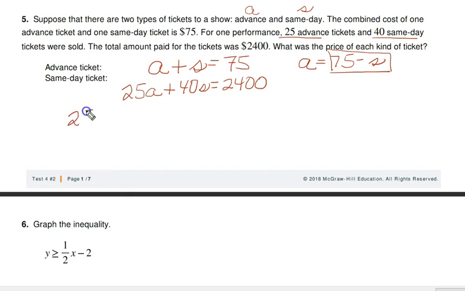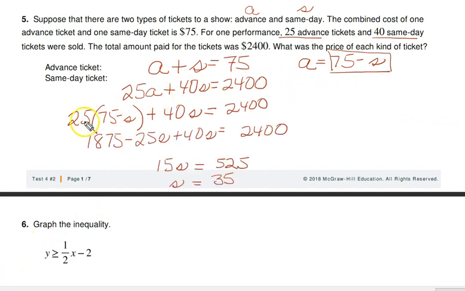So 25 times A, which we said is 75 minus S, plus 40S equals 2,400. So I need to use my calculator to do some calculation, and hopefully that's what you're doing too. So when I did this multiplication, I got 1875, a negative 25S, and the rest is the same.